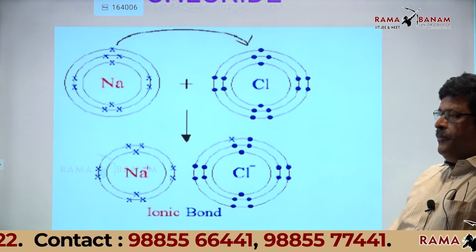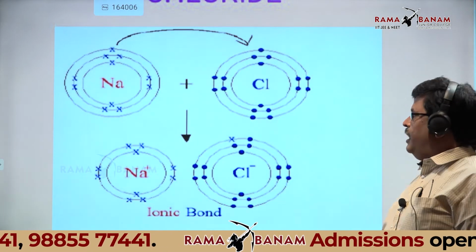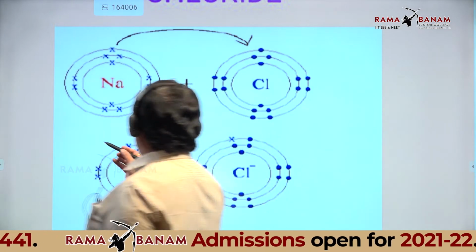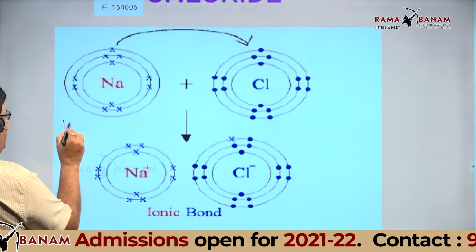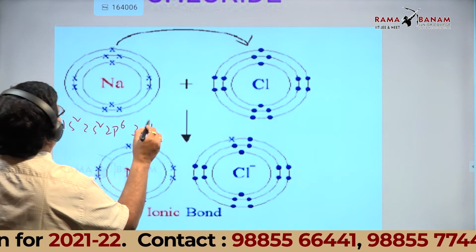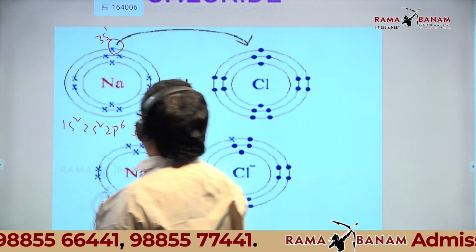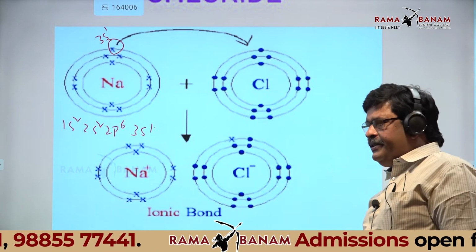See, this is sodium. See how many electrons are there in the sodium. You all know the configuration of sodium: 1s2, 2s2, 2p6, 3s1. This is the outer electron in the 3s orbital.